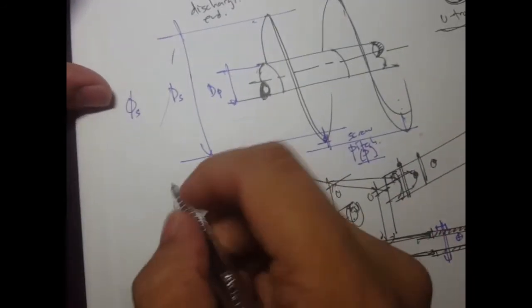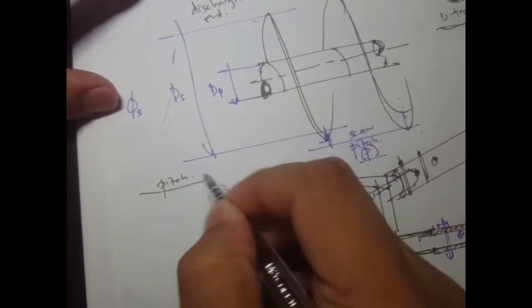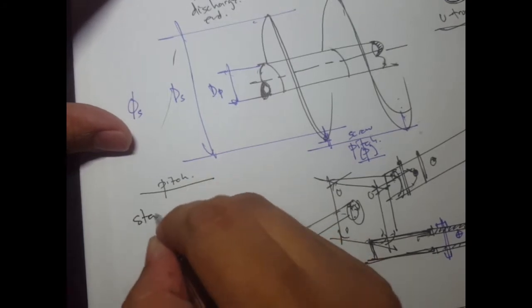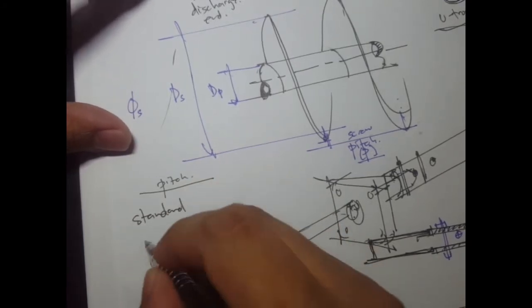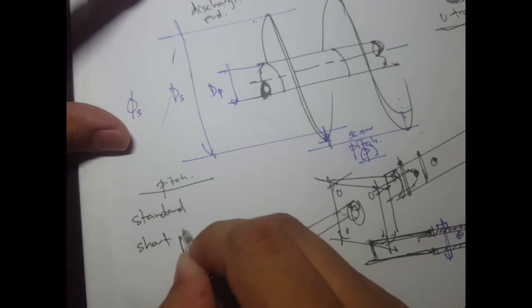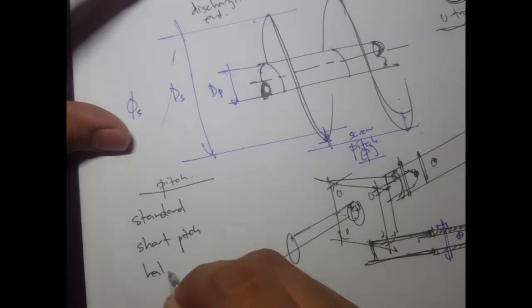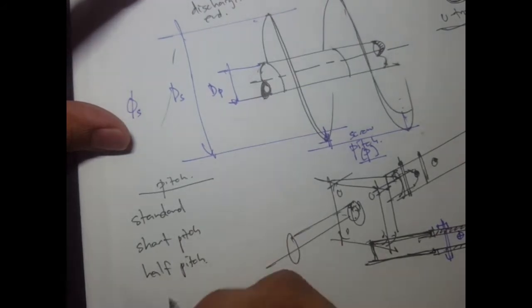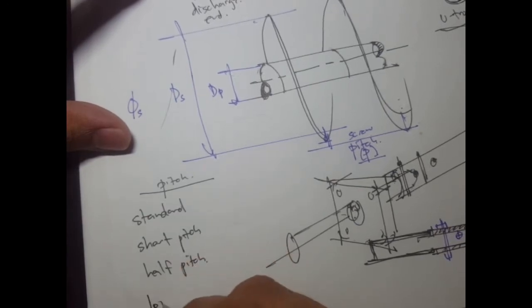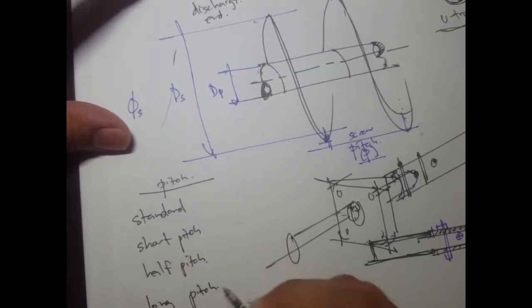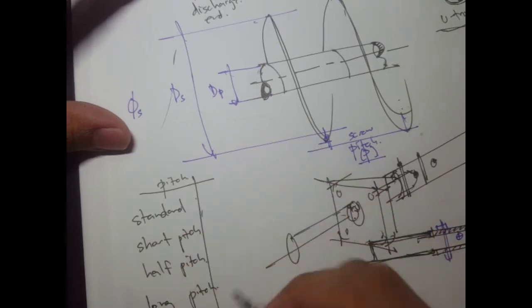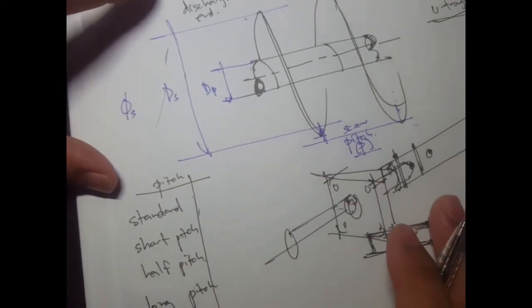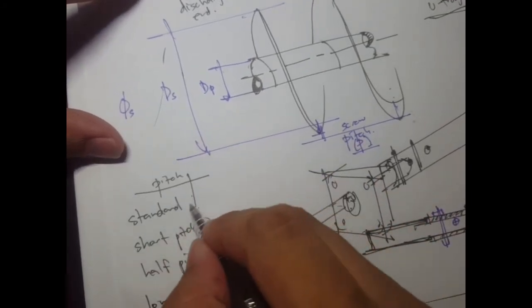Now for the pitch, we have four types. We have a standard pitch, a short pitch, a half pitch, and the long pitch. And there are also other types of pitches, for example a variable pitch.